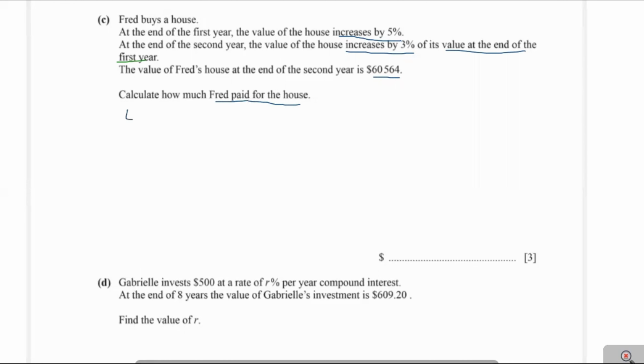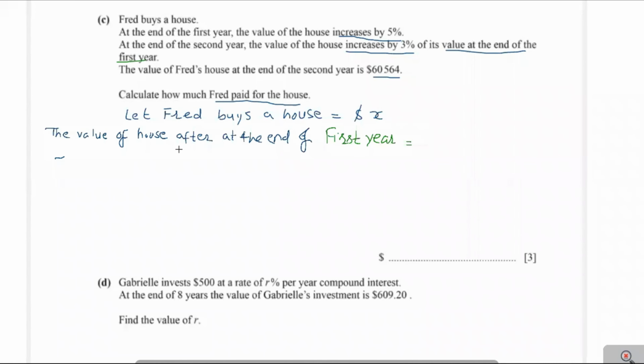Let Fred buy a house at $X. The value of the house at the end of the first year will increase by 5%. Now the value of our house was $X. After the first year, it increases 5%.